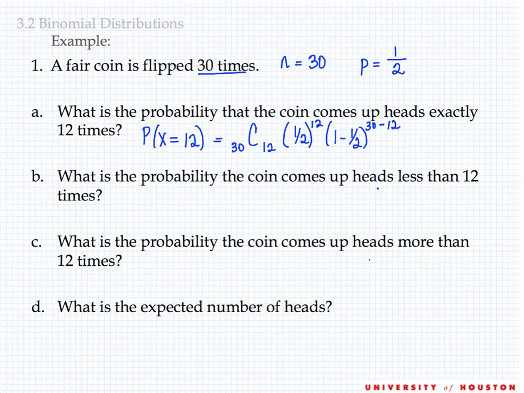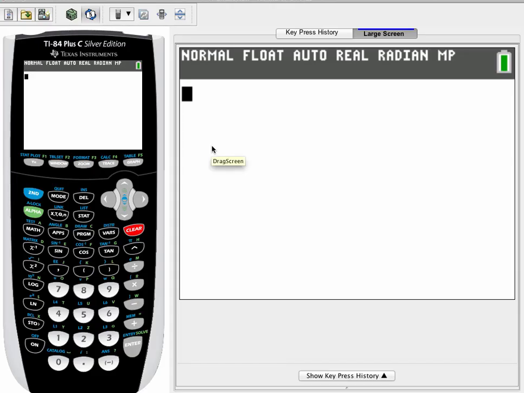Now, using the graphing calculator or RStudio, we're going to use the calculator to compute the probability that x is 12 in this binomial experiment.